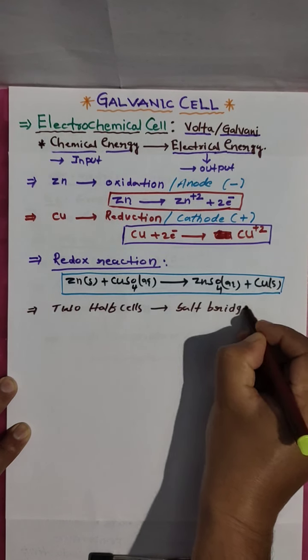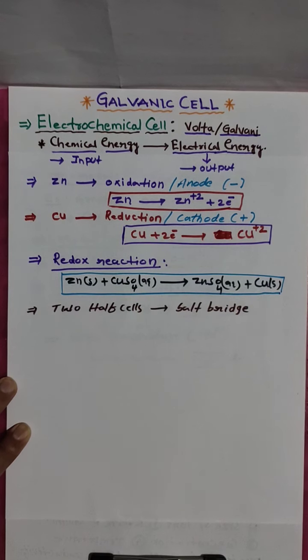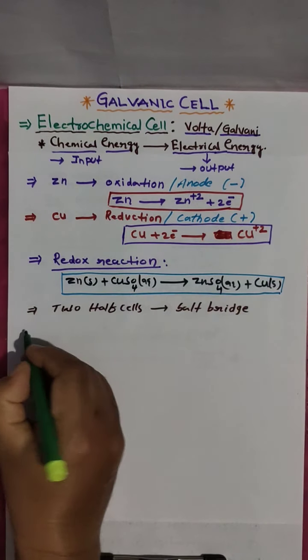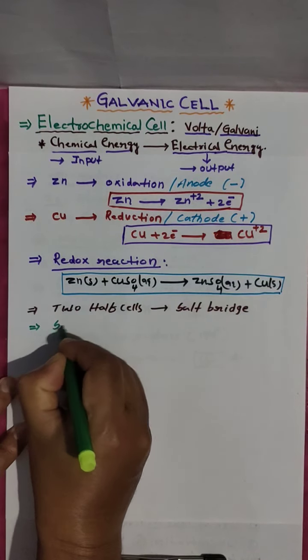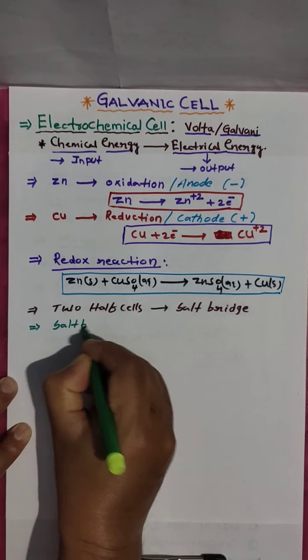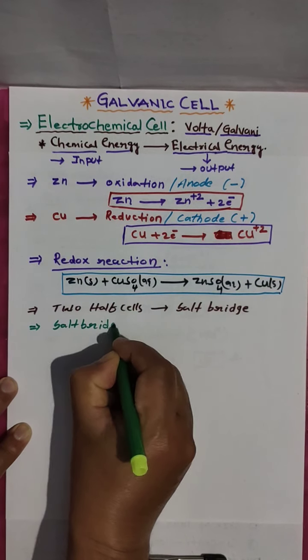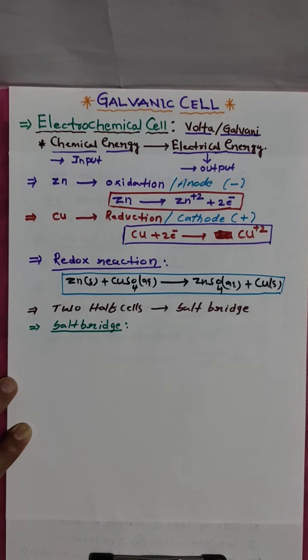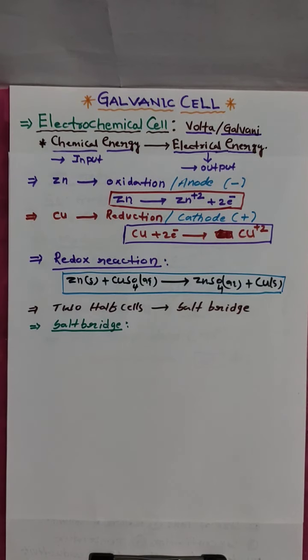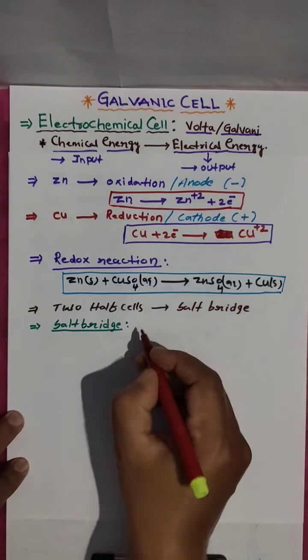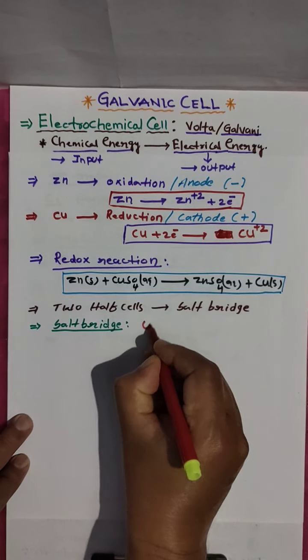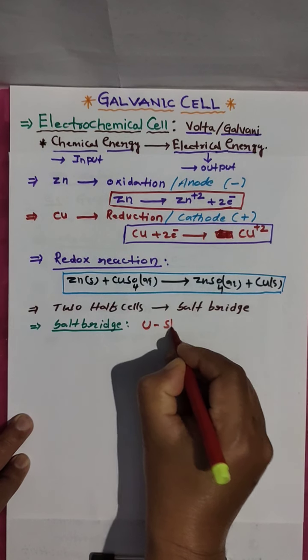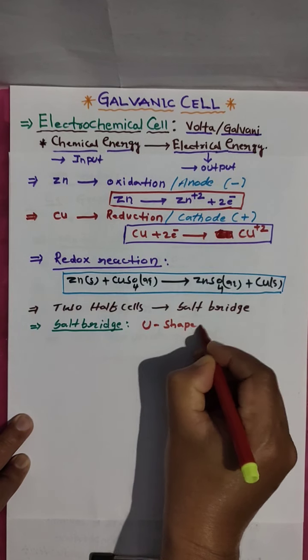Very important this is. What is meant by salt bridge? Why are we using a salt bridge here, and what is the definition of a salt bridge? A salt bridge is a U-shaped tube.